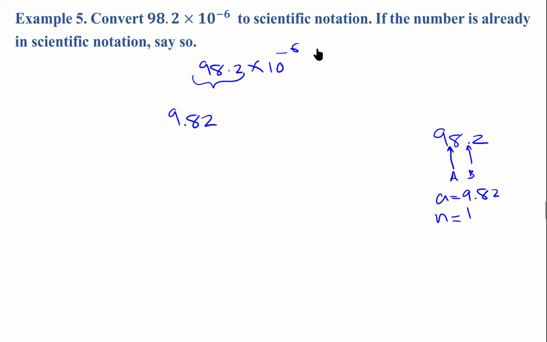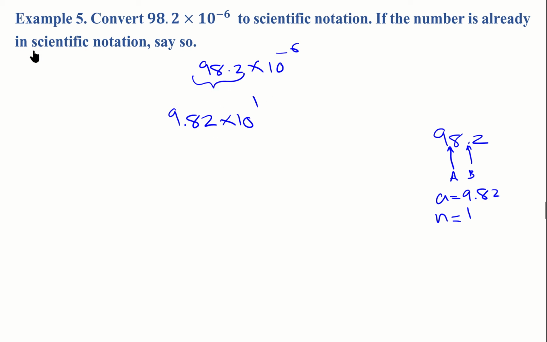Imagine that's not even there for a minute, okay? You're just looking at 98.2 and you're going to put it in scientific notation. So it becomes 9.82 times 10 to the power of 1, right? Think about it. What is 9.82 times 10 to the power of 1? That just moves the decimal 1 to the right, so it's 98.2. So we just did the correct conversion.